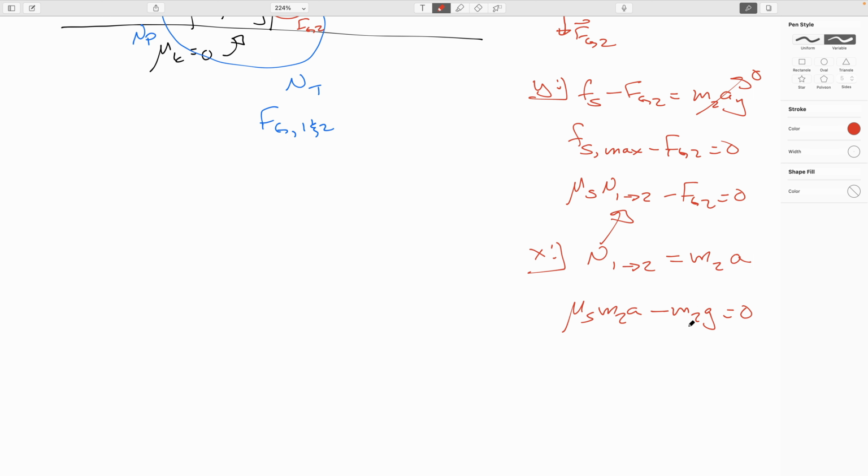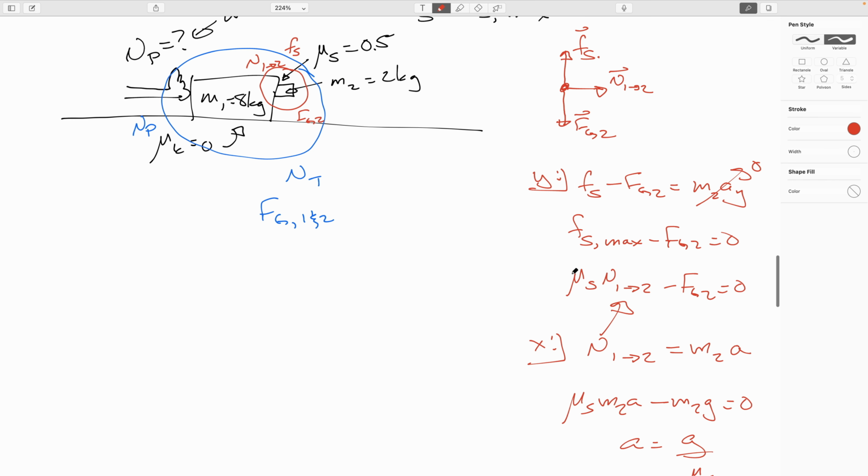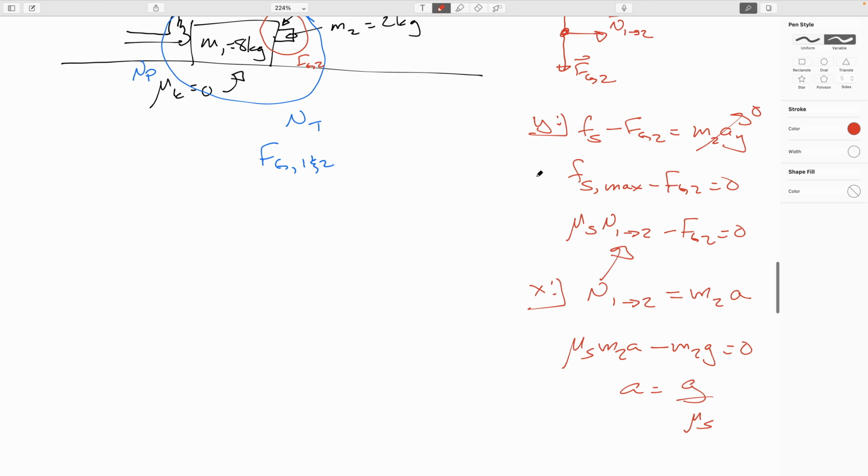So I get that A is going to be equal to G over mu static. So this is how fast the whole thing has to be accelerating in order for the normal force of block 1 on block 2 to be big enough to make the force of static friction be just enough to keep the block from sliding down.